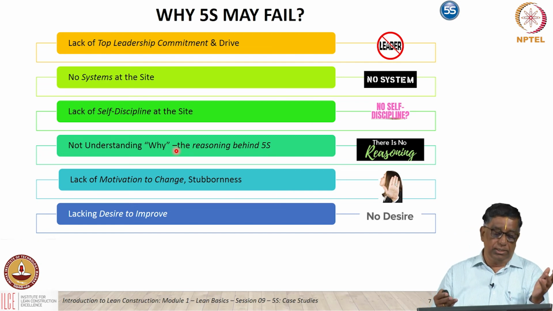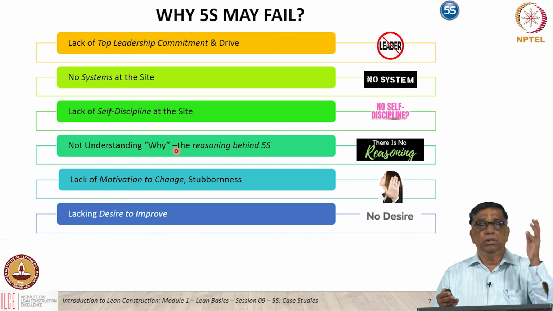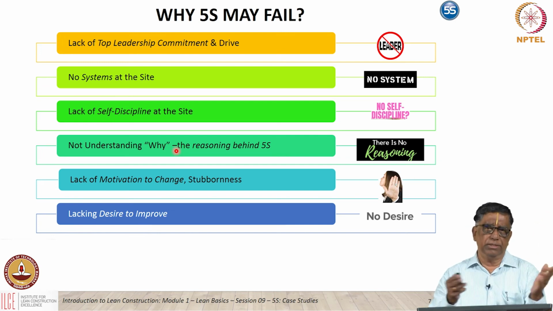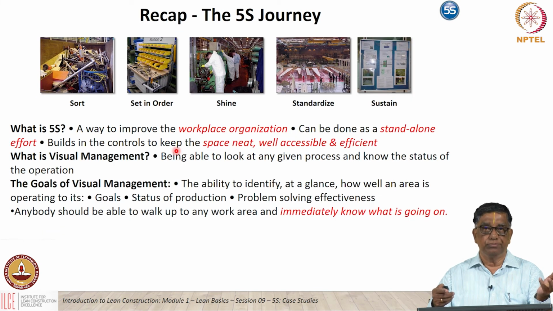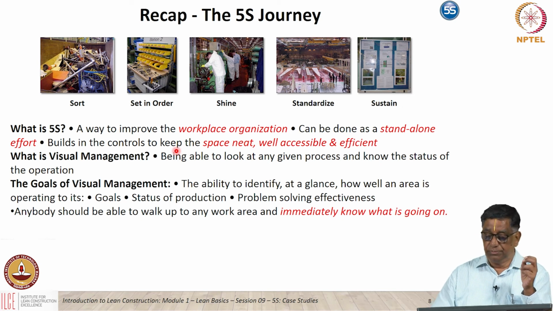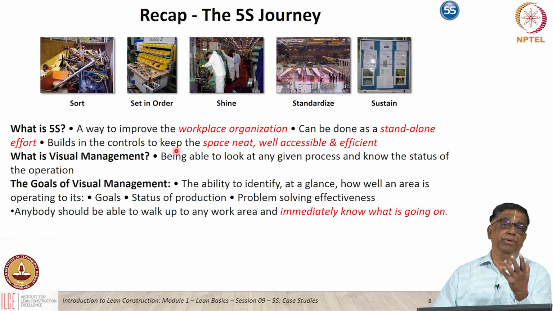So finally, we need to inculcate that deep desire to improve, that has to come from top to bottom and permeate into all parts of the site and all the stakeholders. If that is done, there is no way 5S can fail. So just to recap, 5S is actually a workplace organization, a visual management exercise, and at many sites, when people ask me what I can do to start lean management, I say start with 5S, because 5S inculcates a matter of self-discipline, and then you can see the results very, very quickly.